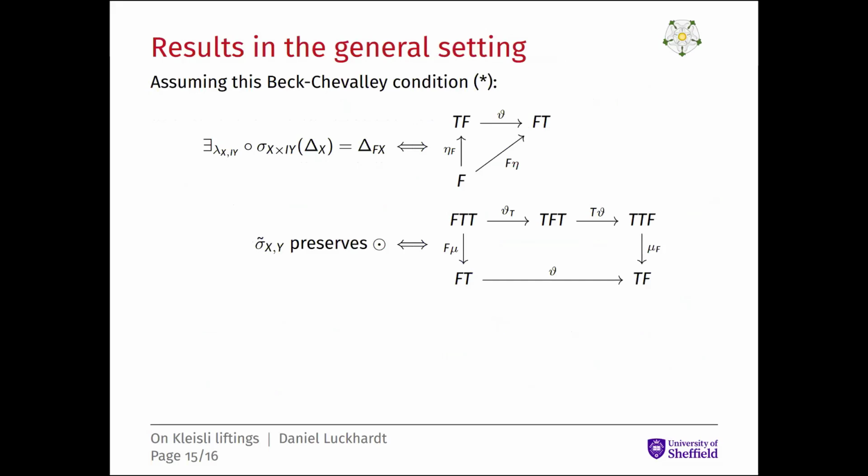When we assume this Beck-Chevalley condition, everything becomes quite a nice geometric picture. We need this triangle to commute, and this means that this lifting operation preserves the diagonal. So the diagonal of x is preserved to the diagonal of f of x. And this pentagon law means that this relation composition is preserved.